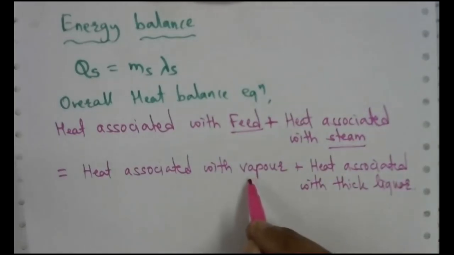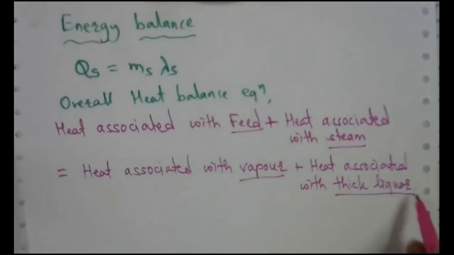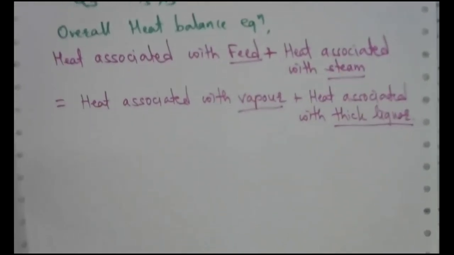So these water vapors which are generated in the evaporator and thick liquor are the outputs. So the heat related to the input is equal to the heat related to the output. That is the main overall heat balance equation around the single effect evaporator, right?